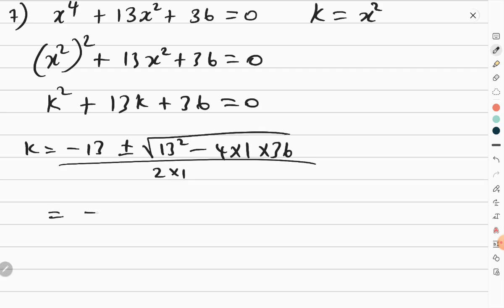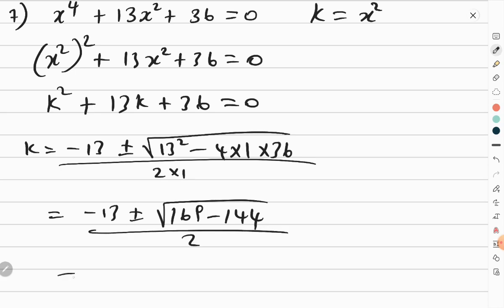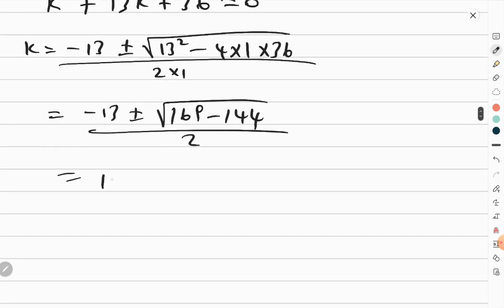Basically, we have negative 13 plus or minus the square root of 169 minus 144, which is 36 times 4, all divided by 2. 169 minus 144 is just equal to 25.